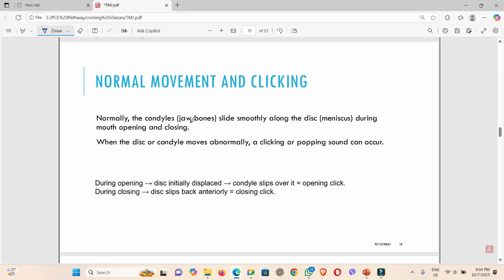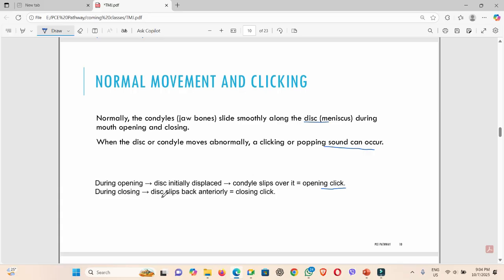Now, normal movement and clicking. Normally, the condyle of the jawbone slides smoothly along the disc during mouth opening and closing. When the disc or condyle moves abnormally, a clicking or popping sound can occur. During opening, the disc is initially displaced, the condyle slips over it, producing an opening click.